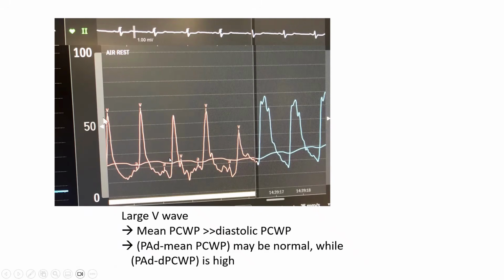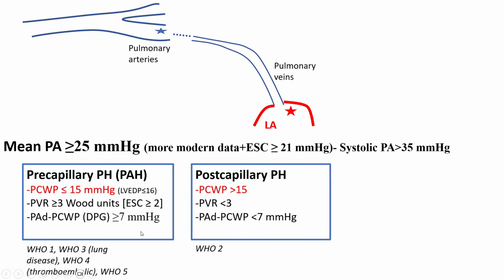So if you take the patient with a high V wave, their mean wedge pressure will be much higher than the diastolic wedge pressure. And in that case, that calculation will be falsely reduced. So your diastolic PA minus mean wedge pressure will be falsely low, and you'll end up missing a precapillary component of that pH.